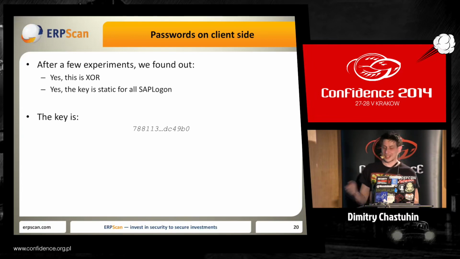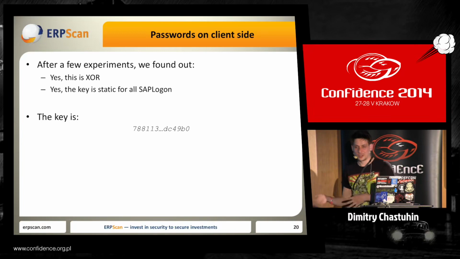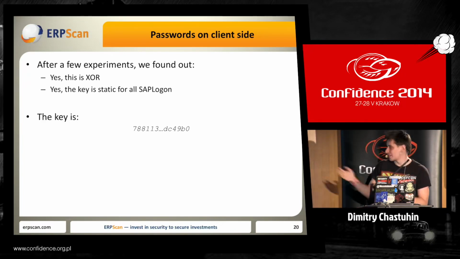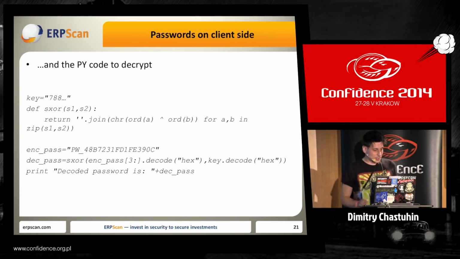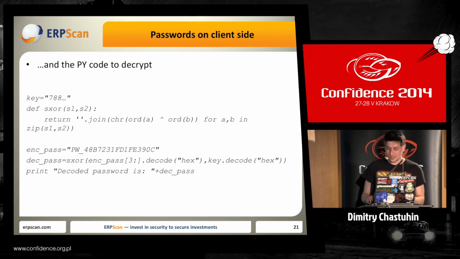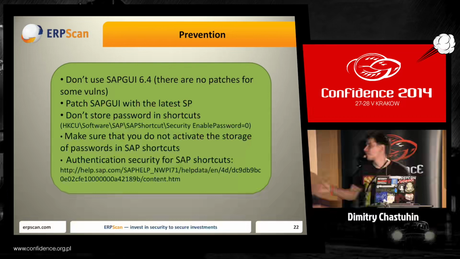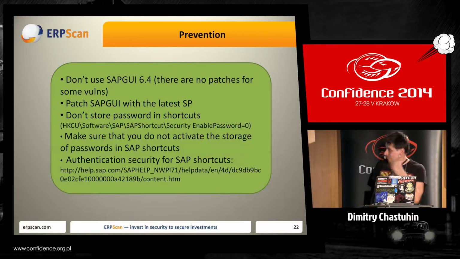On the next slide I will not publish the encryption key because we have some agreements with the SAP company, but by the way, if you send me a message, I will give you all this stuff, and also I will give you a tool for decryption, but not on the slide. And of course, there is a little Python code for decryption and a list of prevention actions.